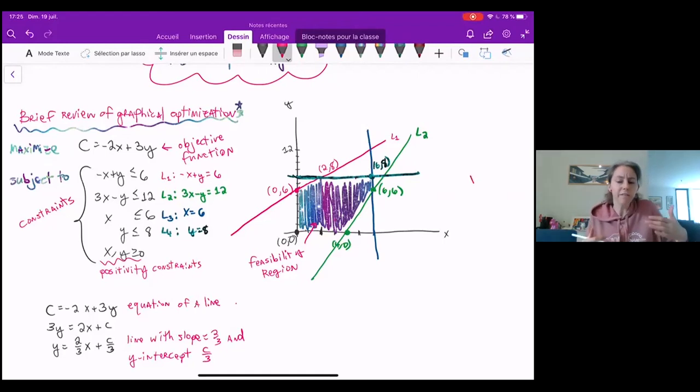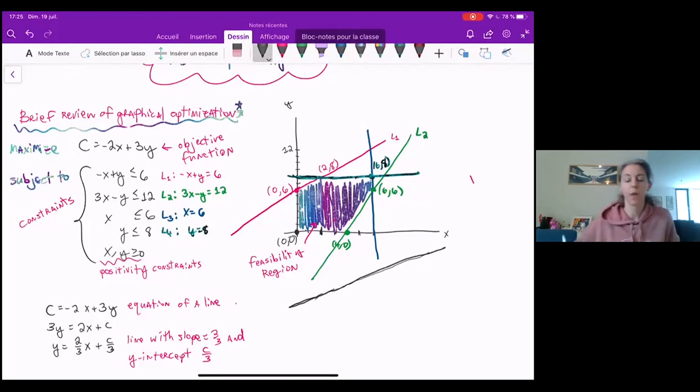So for different values of c, I can kind of think of this as like a line that's floating in space. So it has slope 2/3. Slope 2/3 looks about like that. And so some value of c would give me this line right here. But as that c gets bigger and bigger and bigger, I can kind of think of this line as if it's floating upwards.